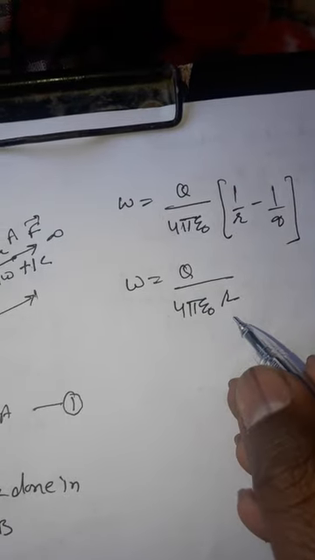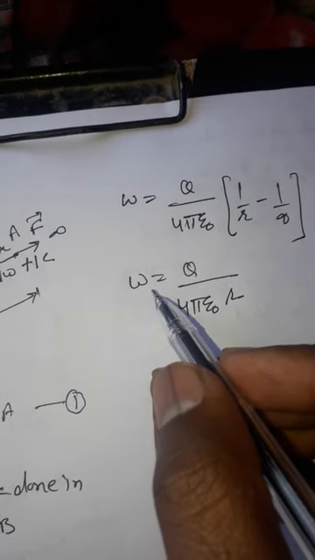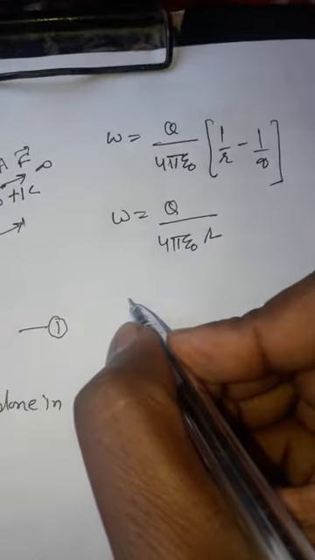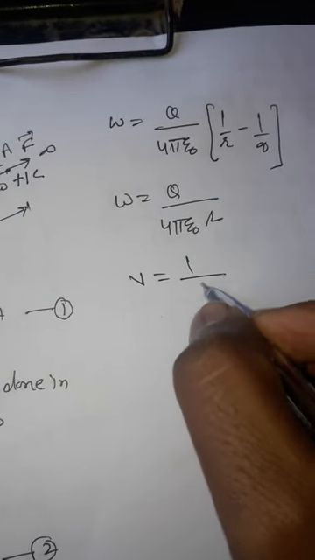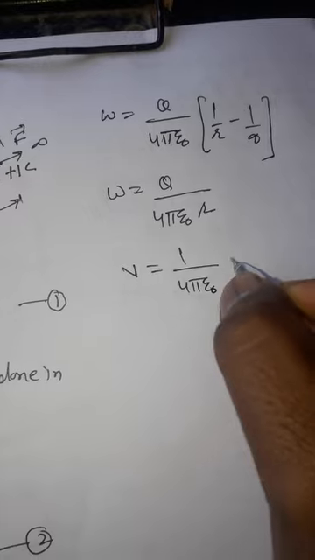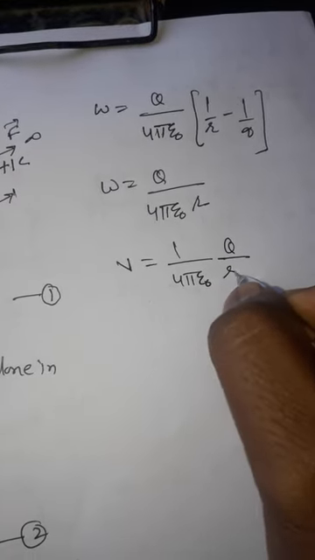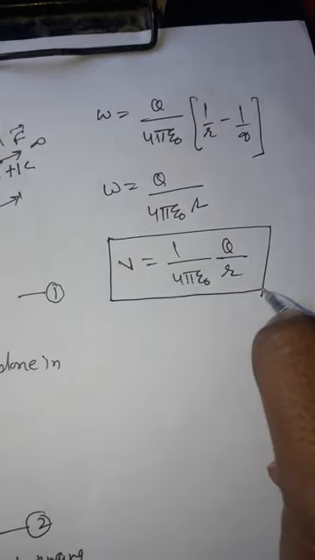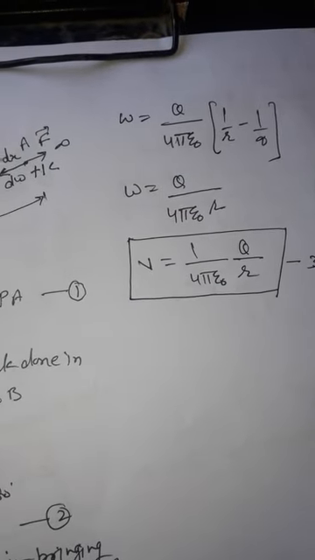This work done is known as the potential of point P, so we can write V is equal to 1 upon 4 pi epsilon naught q upon r. Say this is equation 3.